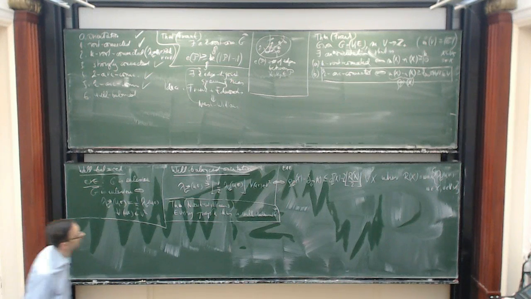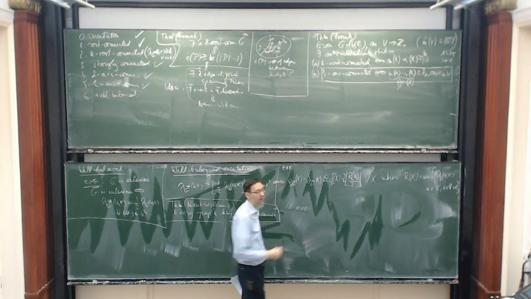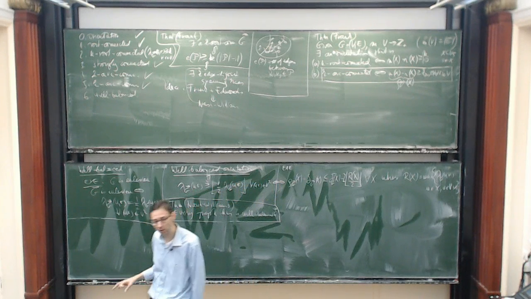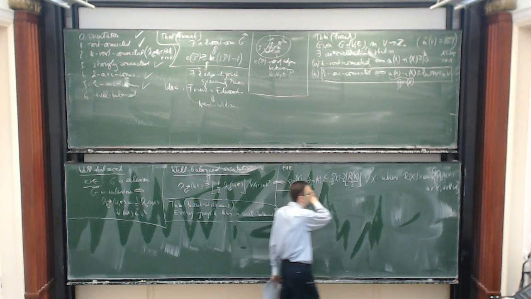This is R of X. And then an orientation is well-balanced if and only if you have this inequality. So this is a simple exercise, really simple, but not so funny.